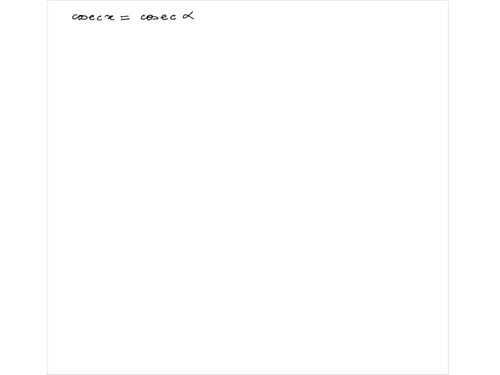Then by taking invertendo you will get the same thing. And for that, this will be true. So sine or cosec, same story.